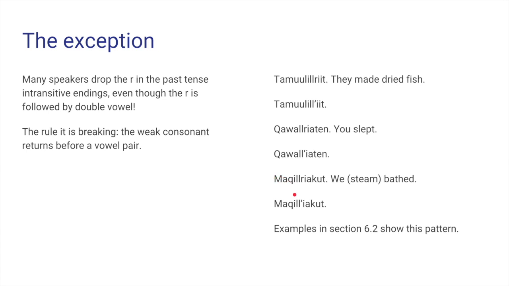But here we have two vowels, and that consonant is not there. So this is an exception to the rule, and it's in the book as an example of fricative dropping because it is fricative dropping. But this is actually an exception to the rule, and I hope it's not too confusing.